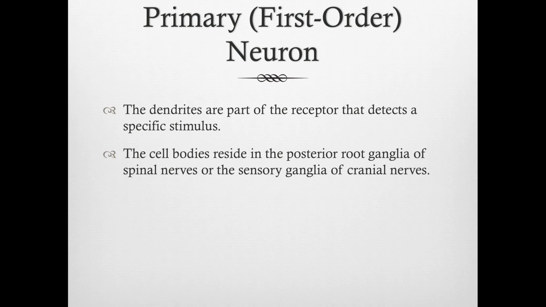And then that stimulus will be carried from the cell body that resides in what we call a posterior root ganglia. Right? A ganglion is a collection of cell bodies in the peripheral nervous system on a spinal nerve, right? Or we'll see it in a sensory ganglia of the cranial nerves, right? So that impulse is going to be sent along to the cell body that's in the posterior root ganglia or in the sensory ganglia.